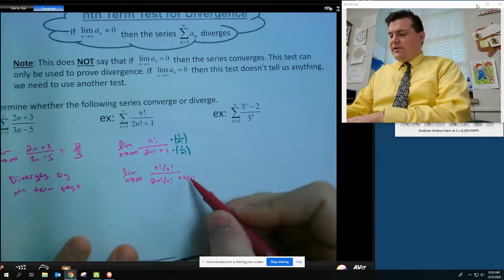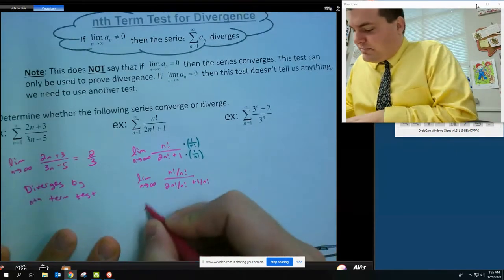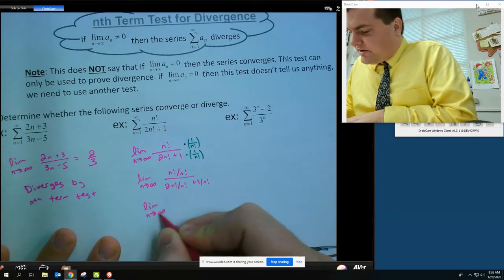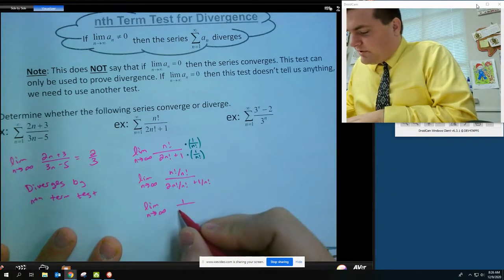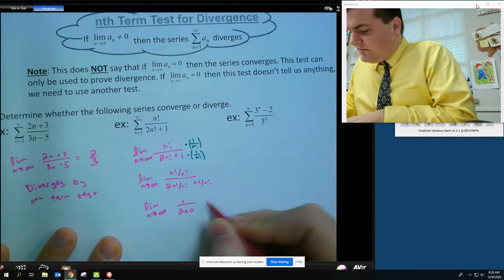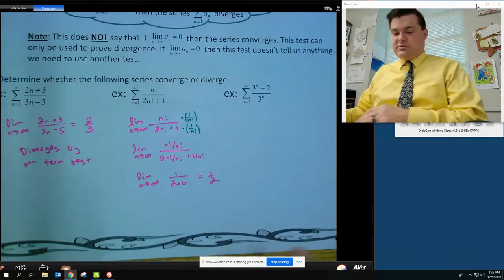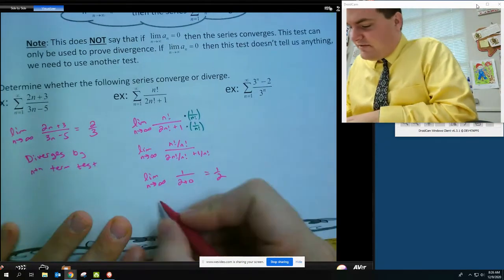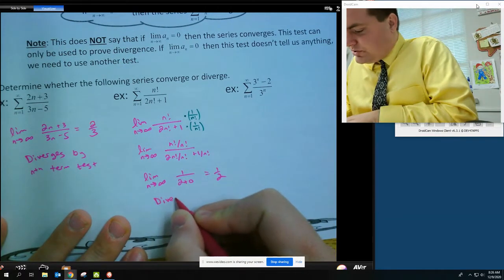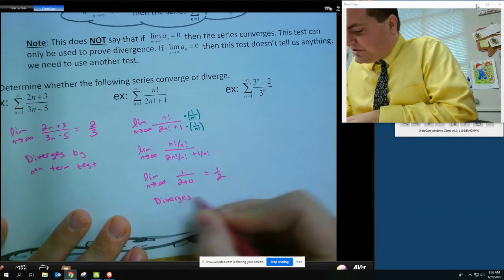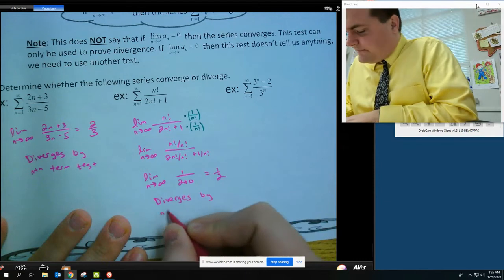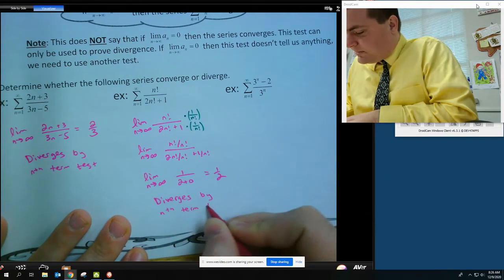And then the 1 over n factorial is going to equal 0. So I'm left with the limit as n approaches infinity of 1 over 2 plus 0, which gives me 1/2. So this one is going to diverge. This diverges by the nth term test.